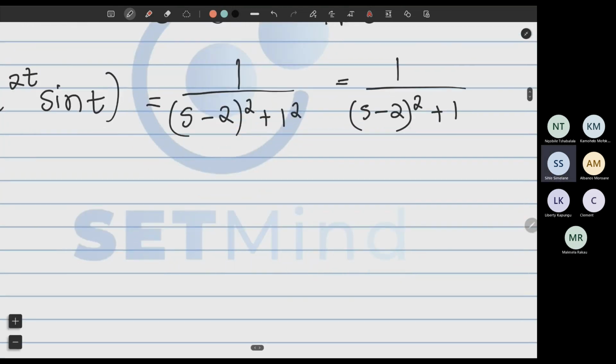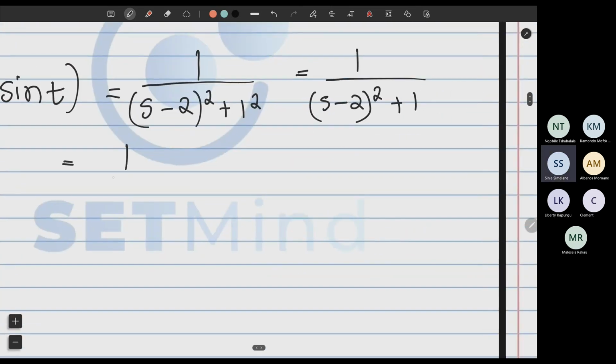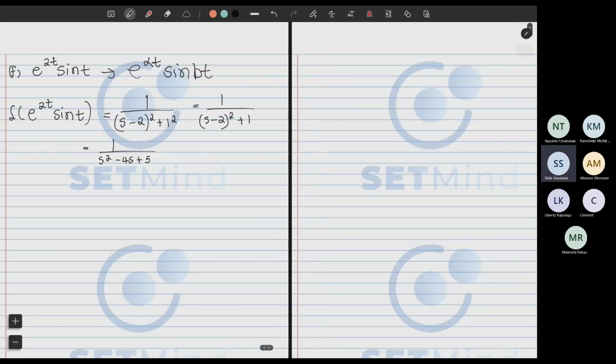If you like, you can expand that. I don't know why you would want to do that, but you can. And this simply becomes this. And that's your Laplace transform of that function. So you can apply it to many functions which look very weird, but we are able to solve them.